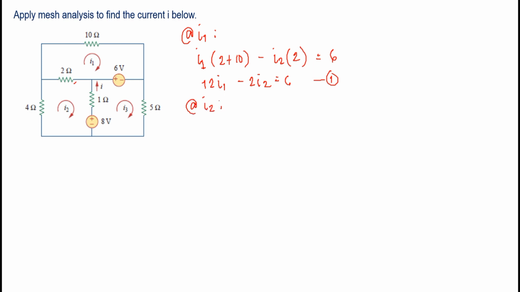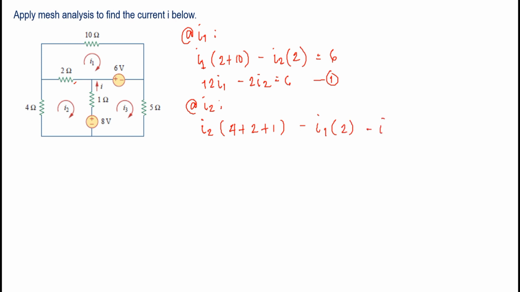For I2, let's just write I2. Take note, if you are in that loop, that is positive. So if you're at I2, your I2 is positive, and other mesh currents are negative. Same concept with the nodal analysis a while ago. So for I2, we have here 4, 2, and 1, so I will just write 4, 2 plus 1. Then I1 is here, so it flows through the 2 ohm resistor also.